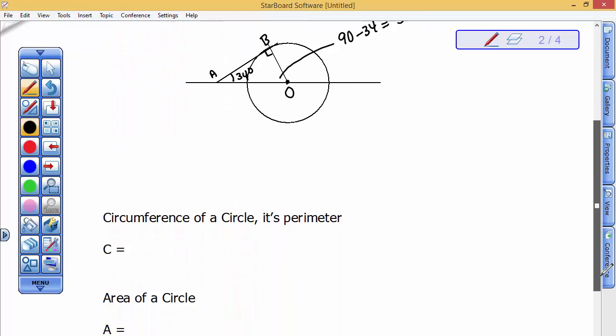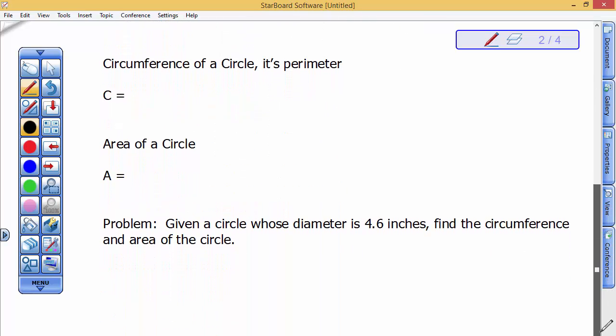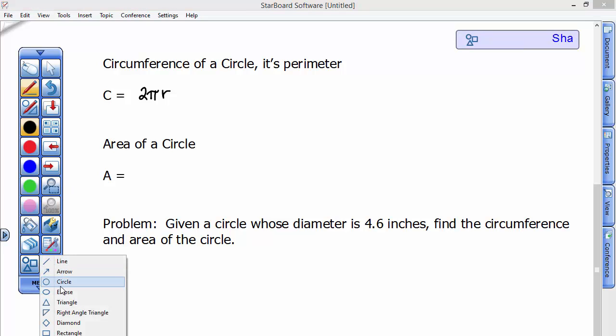Okay, we're going to use the formulas for the circumference of a circle, which is its perimeter, and the area of a circle, to solve some stories, some good stories. The formula for the circumference of a circle is 2 pi times the radius. Now remember, you've seen this before.